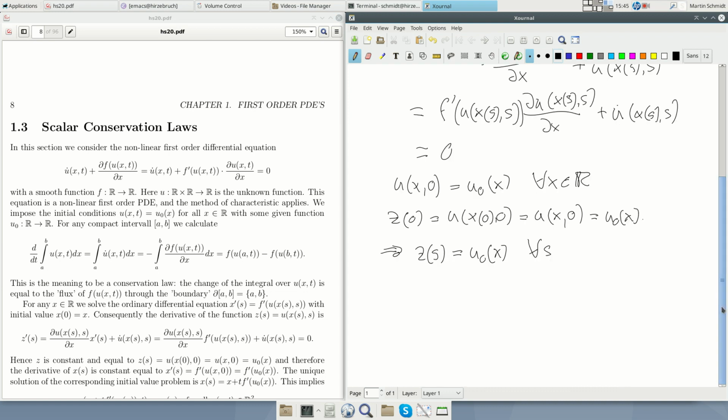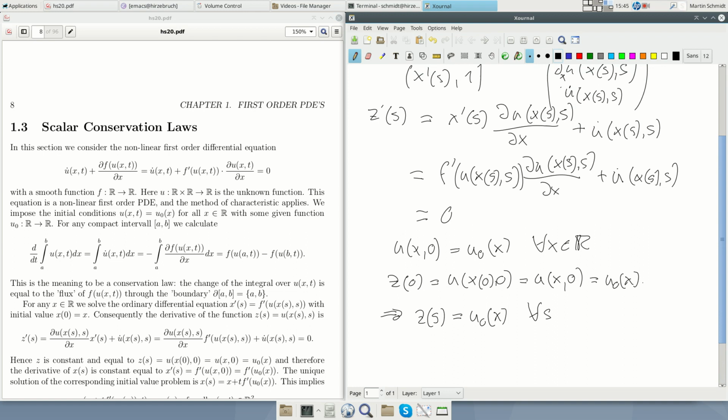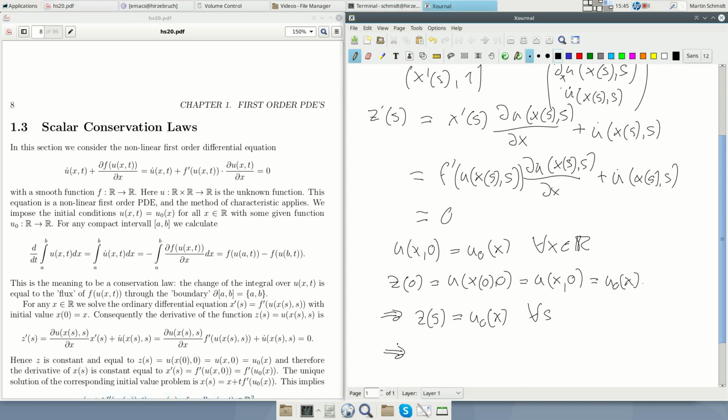But now if we return to this differential equation, then we see x prime of s is equal to f prime of u of x of s comma s.